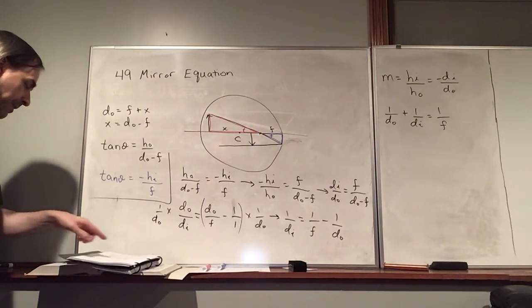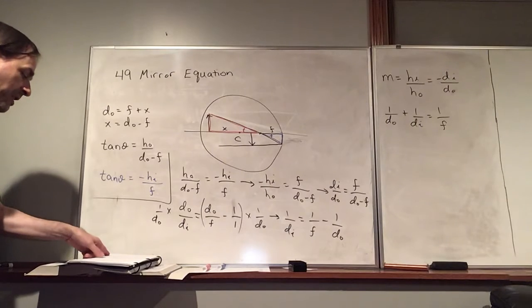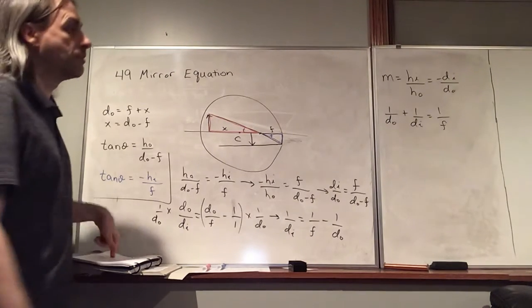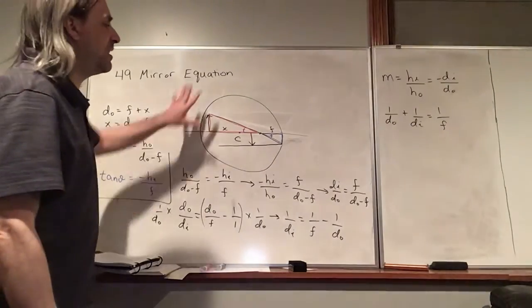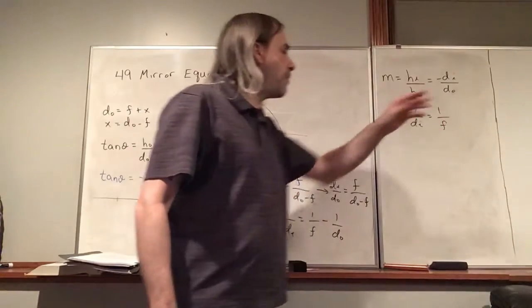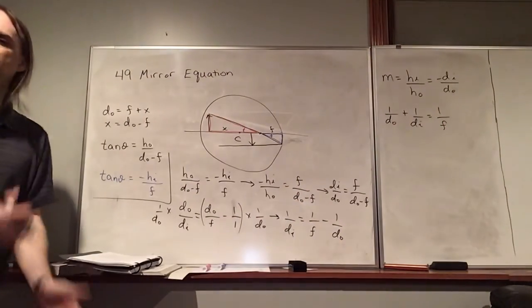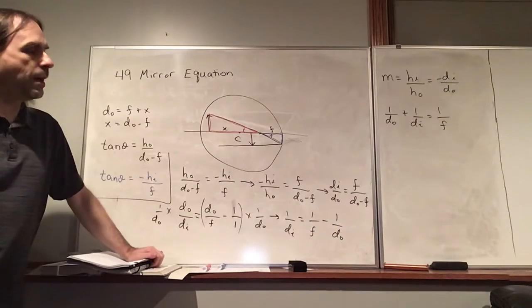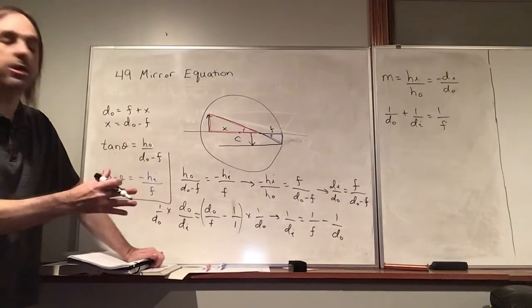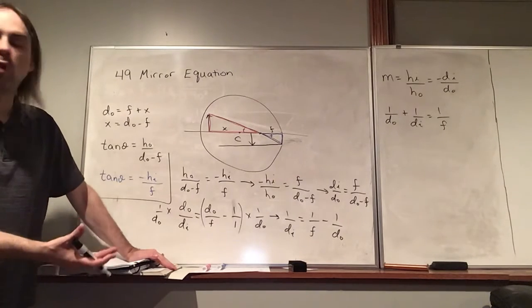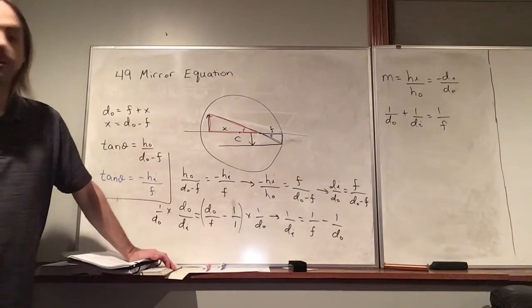Here we have focal length is positive for a concave mirror, negative for a convex mirror. So if we wanted a new equation for a convex mirror, we'd end up with a minus f or something. So it looks similar, except we'd have that minus sign there. But it's easier to just have one equation, and then we have a sign convention that makes that equation work for all these different cases.